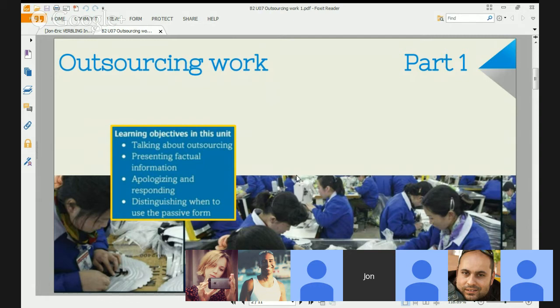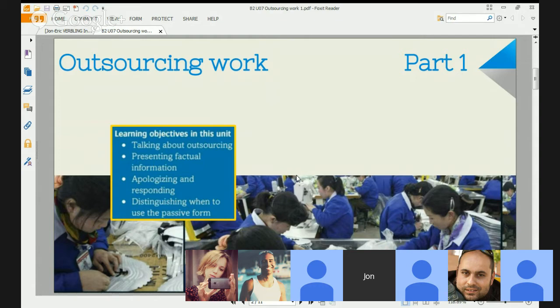And finally, grammatically, we'll be distinguishing when to use the passive voice, like the book was written. That will come up a lot because in outsourcing, you'll be talking about a process, and the passive voice is a good thing to use in a process. Well, the package was sent by us, and it was received by so-and-so.